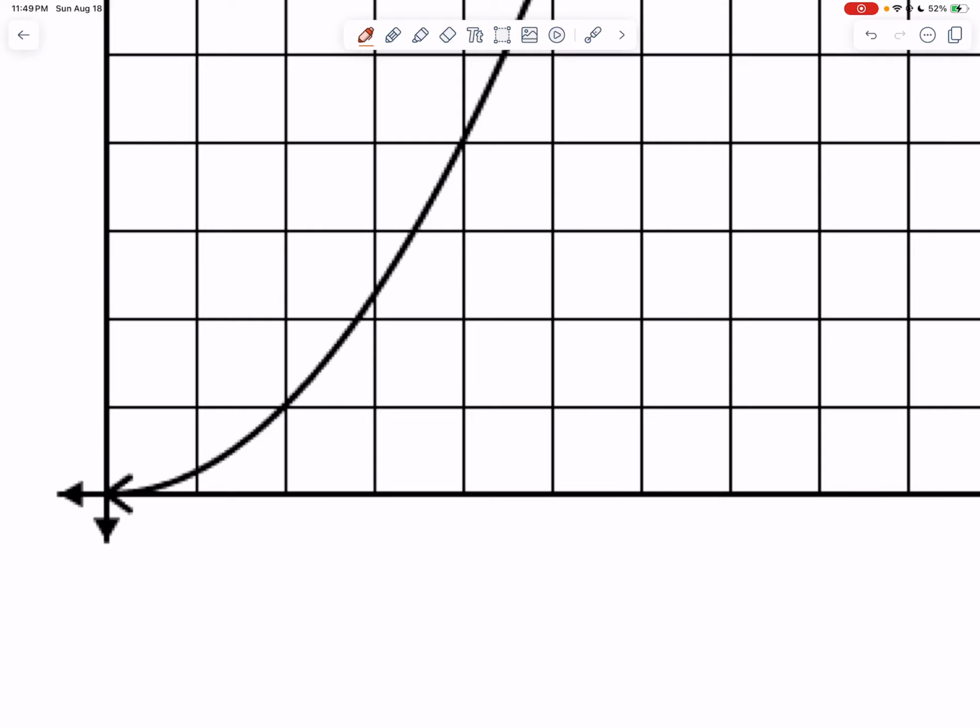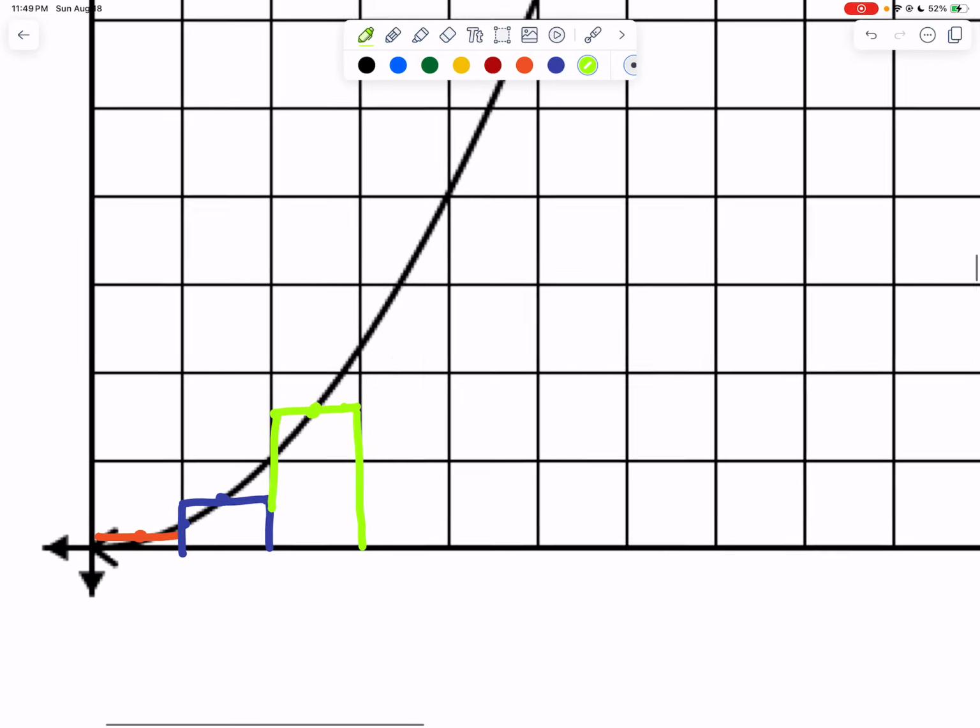So here, from 0 to 1, I'm going to use this point right here. From 1 to 2, let's see. I'm going to use this point right here. That's in the middle of 1 and 2. Between 2 and 3, probably this point right here. Three and 4 is probably this right here.